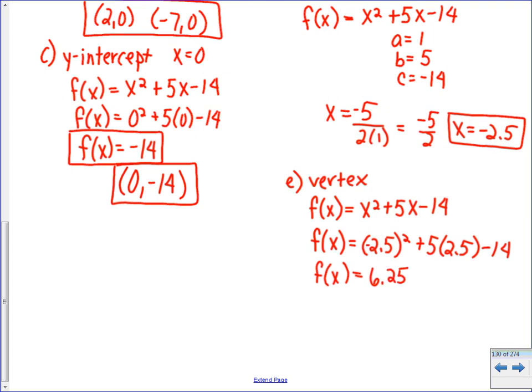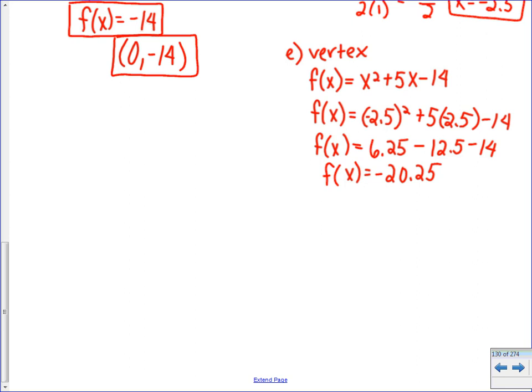I'm sorry, it's a negative 2.5. I put in the wrong sign. So when I put in all of my calculations, negative 2.5 squared is a positive 6.25, minus 12.5, minus 14. And I'm going to get f(x) equal to negative 20.25. What that means is my turning point is going to be (negative 2.5, negative 20.25).